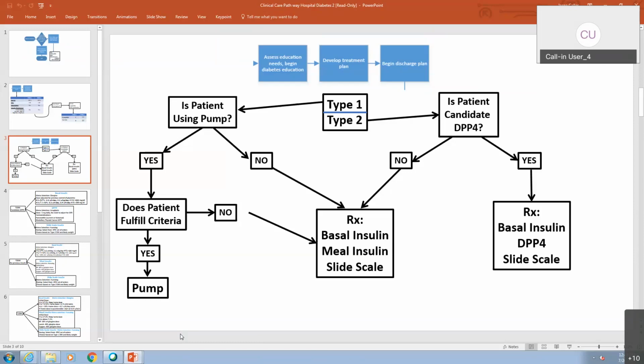So if you're type 1 and you need to calculate the total daily dose and you don't have any memory to remember what you're going to see in the next slide, then you say it is type 1, half, it is 100 kilos.